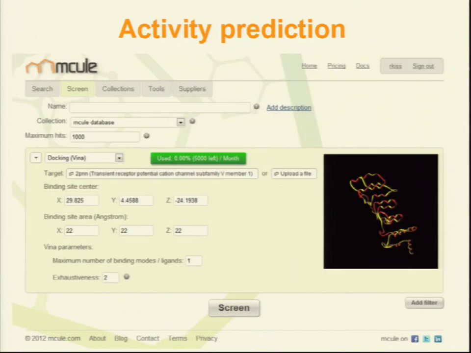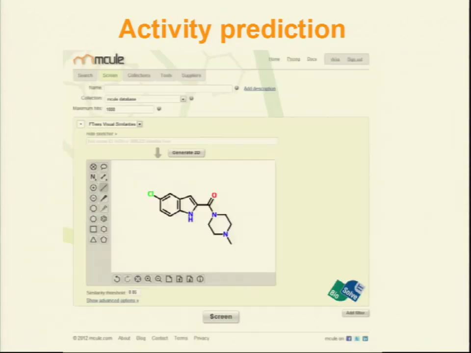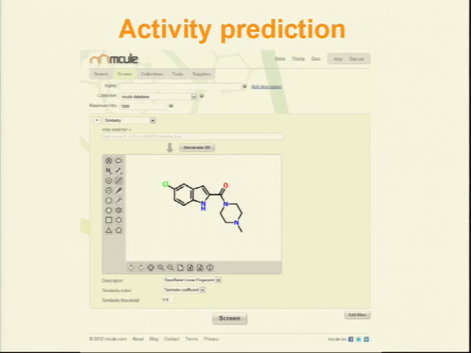And so what can we predict? We of course can predict activity by, for example, structure-based methods using docking. We can predict activity by ligand-based approaches. So for example, at Mcule.com, BioSolveIT's FTrees tool is also available. This is very useful for scaffold hopping, for example.